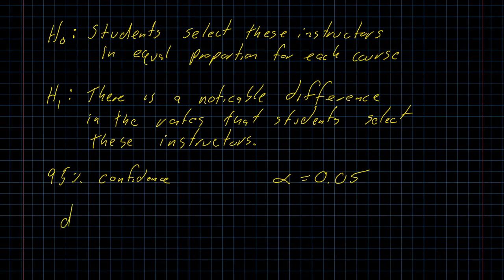And I also need to calculate the degrees of freedom. The degrees of freedom in a goodness of fit, when we had one distribution among categories, was just the number of rows in the table minus 1. In our current table, we have rows and columns.